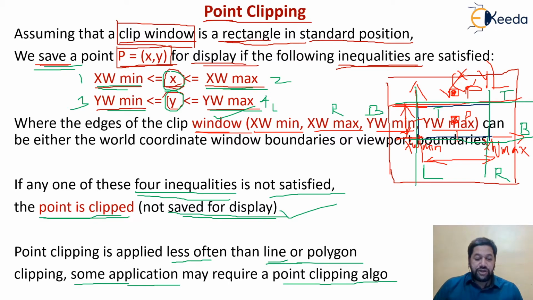Its applications are fewer compared to line clipping and polygon clipping, but it is very simple. I just have to check these four conditions to see whether the point is inside or outside the clipping window.